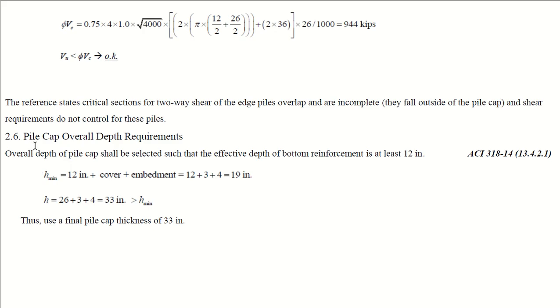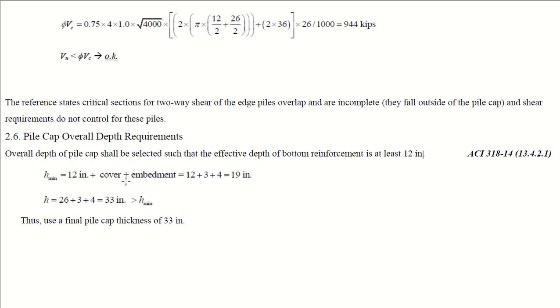Now the last one in this section is pile cap overall depth requirements. Overall depth of pile cap shall be selected such that the effective depth of bottom reinforcement is at least 12 inches, okay. We already knew this thing from the statement as well. H minimum is equal to 12 inch plus cover plus embedment.